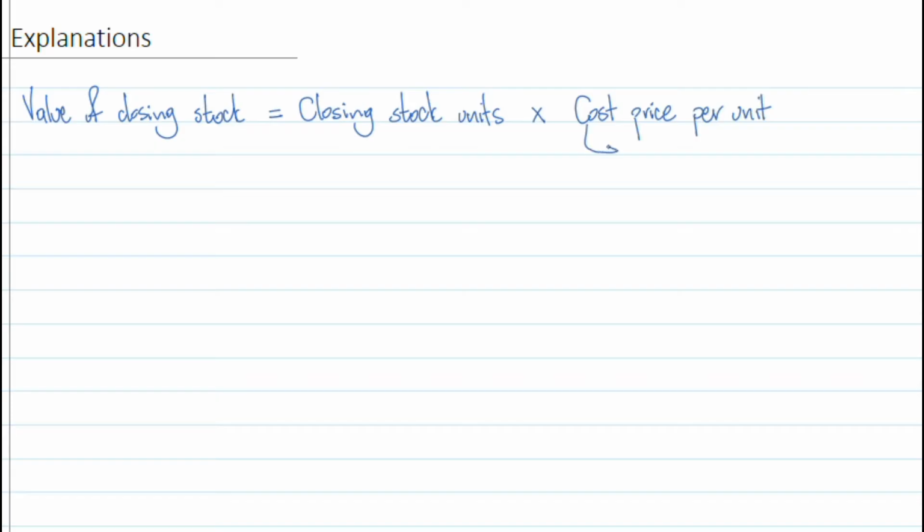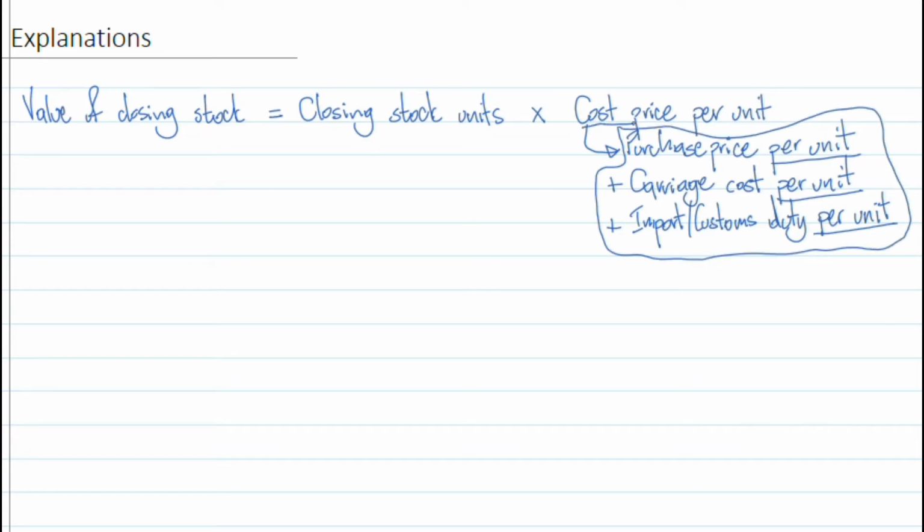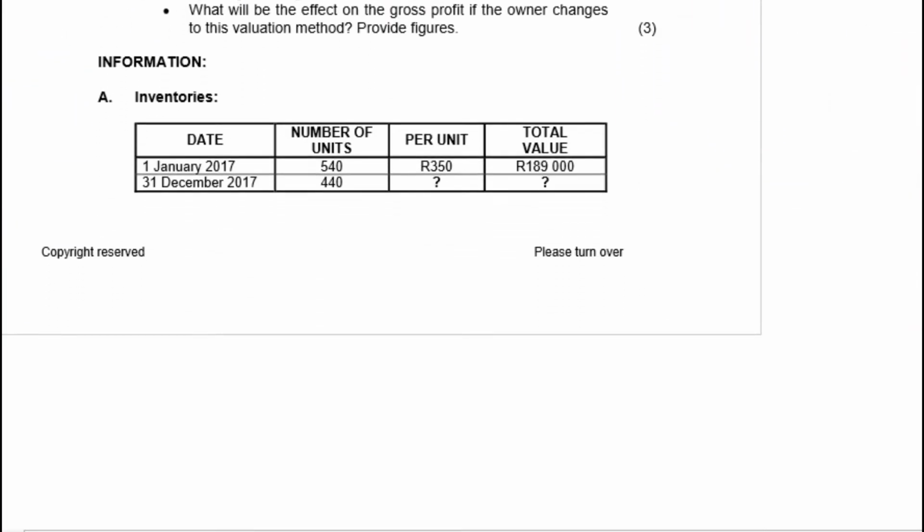It consists of the purchase price paid to the supplier for each unit of stock as it appears on the supplier invoice, the carriage costs of bringing each unit of stock to the place where it will be sold, any customs or import duties that were imposed by SARS for each unit of stock imported from another country. When we add all that up, we get the cost price per unit. So let's do the calculation.